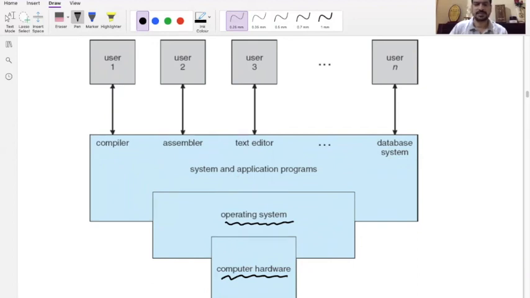Then we have the system and application programs which are running, like compiler, assembler, text editor, database, and many other application programs we can install. And we have users which will use it. These users can be people, human beings, can be a machine, or can be a computer itself.